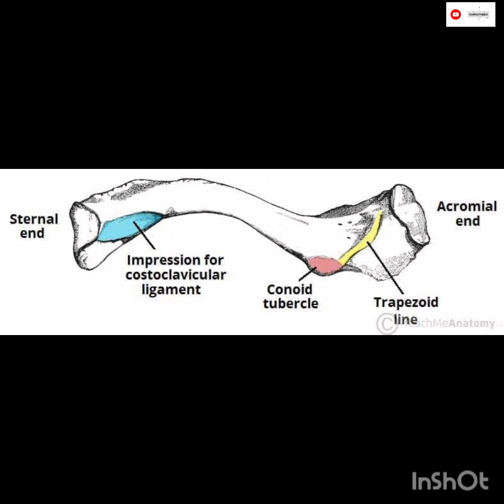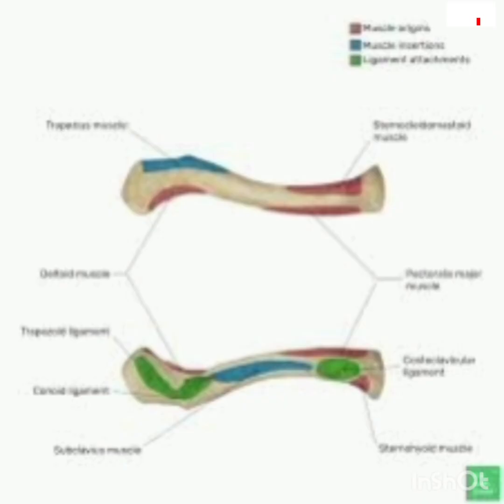Third, it is the only long bone which ossifies in membrane. Fourth, it is the only long bone which has two primary centers of ossification. Fifth, there is no medullary cavity, and last, occasionally it is pierced by the middle supraclavicular nerve.